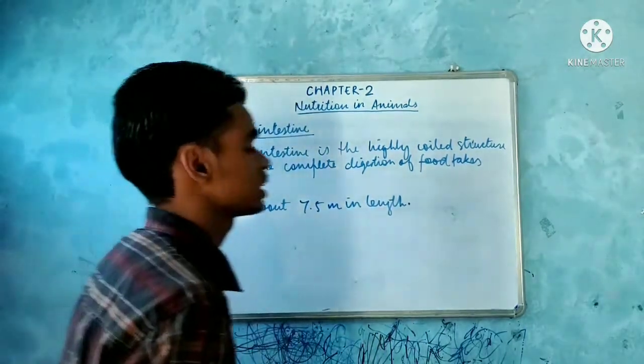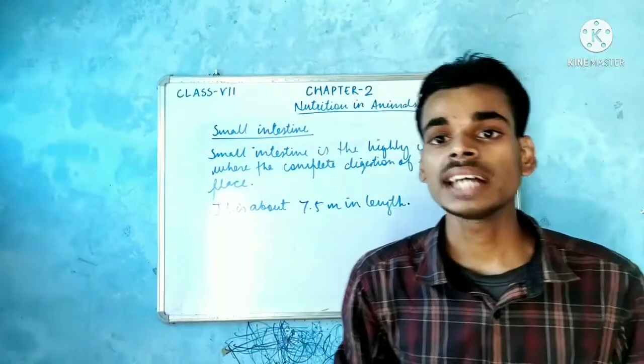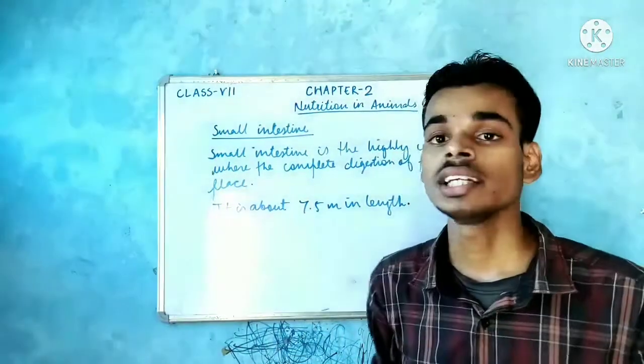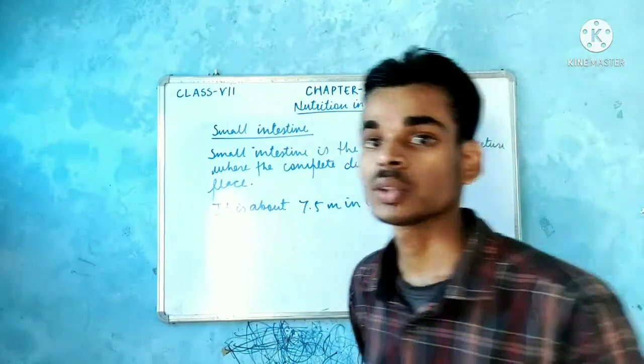The two glands that are the pancreas and liver work in a coordinated fashion along with the small intestine in the process of digestion. So what is liver?